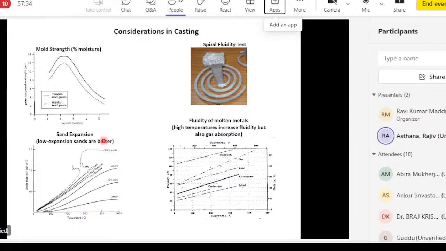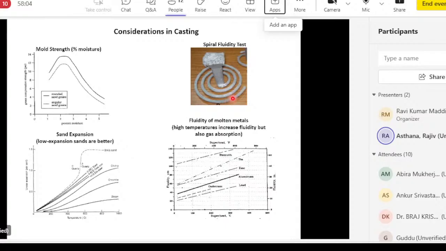As you see from these data, a silica sand has the highest expansion, followed by olivine, chromite, and zircon. Zircon sand has the lowest expansion, so the stability of the mold is better. But again, the cost and the availability also determine what kind of sands should be used.